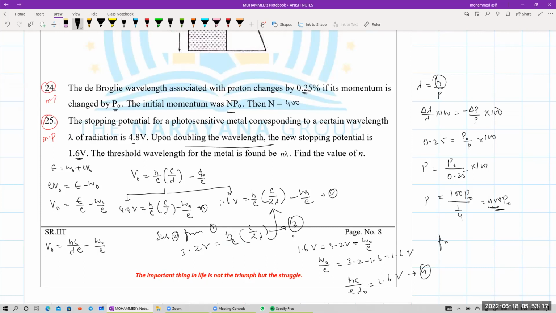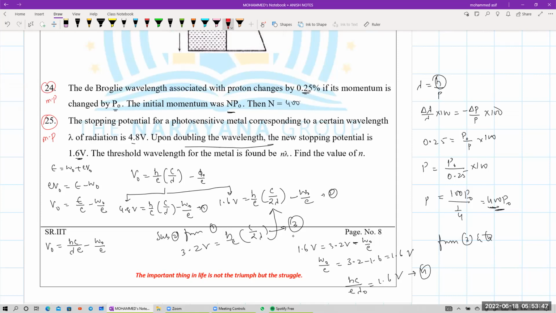So from 3 and 4, see what I can get: hc by e in both, so I can compare them. I'll write with another pen so you get clarity.